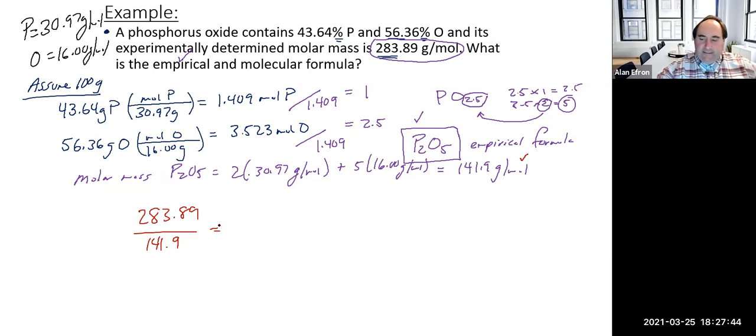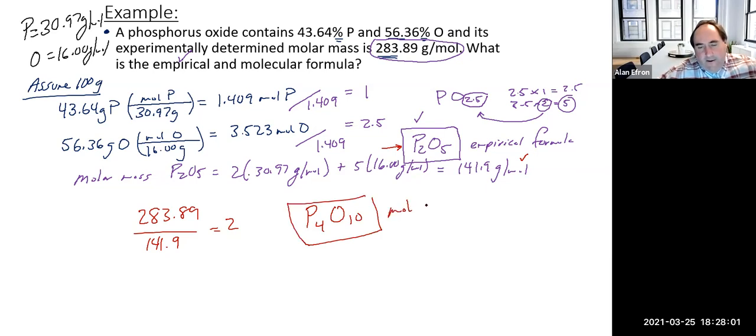And that's going to give us a factor of basically 2. That means that our molecular formula should be P4, multiplying the 2 by the empirical formula, O10 as our molecular formula. Any questions on those calculations there?